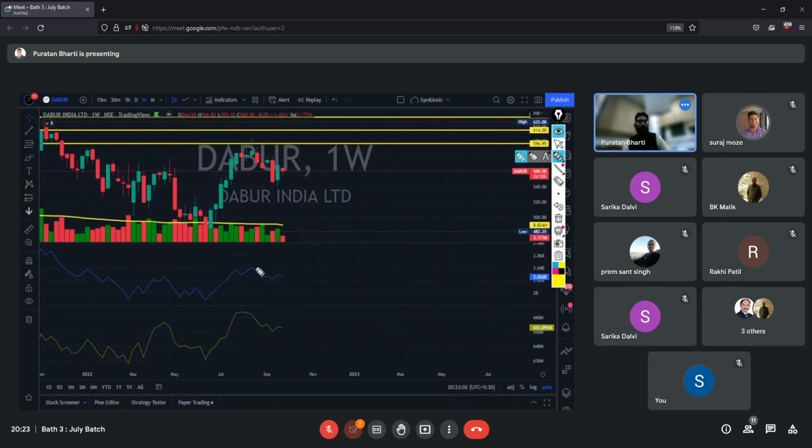However, in some charts that you look at, you'll see that either this is more pronounced in terms of the decline that it is showing, or one is pointing upwards and the other one is pointing downwards. In that situation, you will have to figure out what is happening, why one indicator is showing up and the other indicator is showing down.